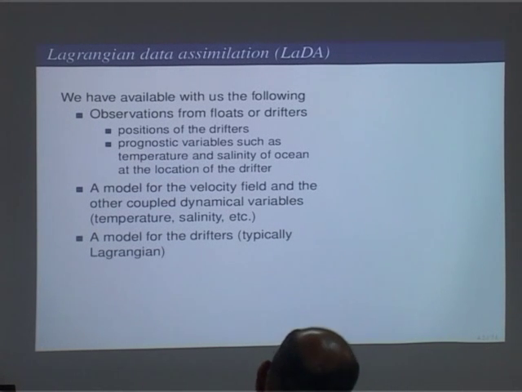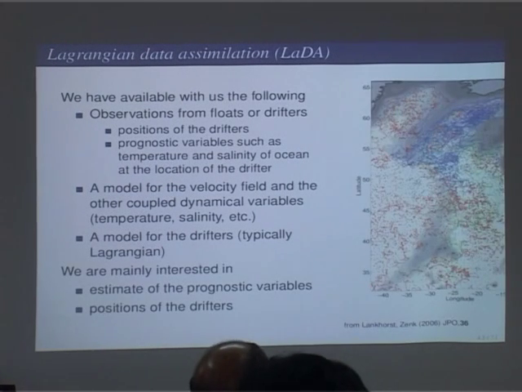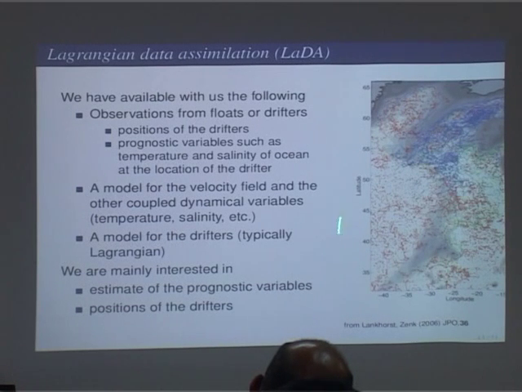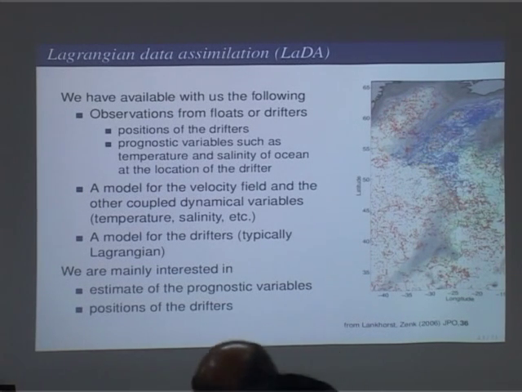We have a model for the drifters, but these drifters and floats are just advecting passively in this model. We're interested in some of these prognostic variables, and also the position of the drifters and floats. Here's just a spaghetti plot of drifters, to get a sense of what this data might look like.